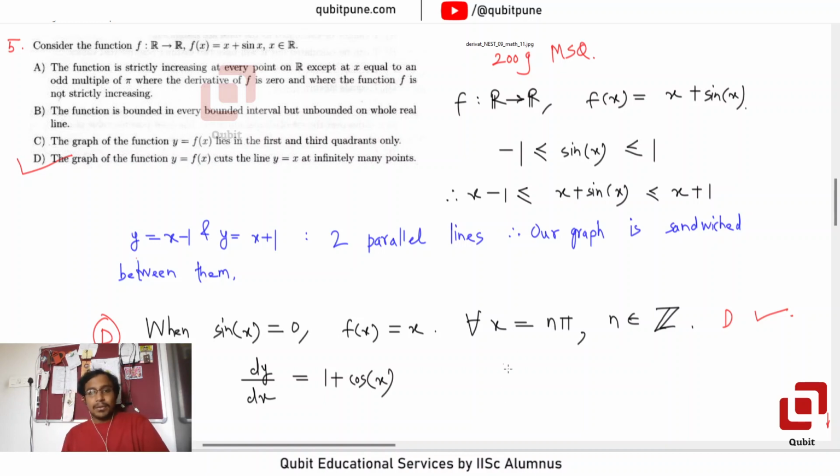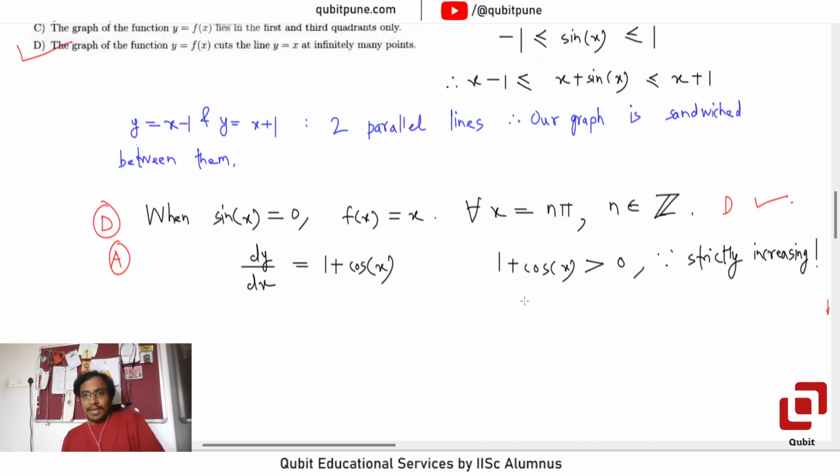Now if you want this to be greater than 0, because we want it to be strictly increasing, not just increasing. Strictly means equal to 0 is not allowed. If you want that, then we should have cos x greater than -1, correct?